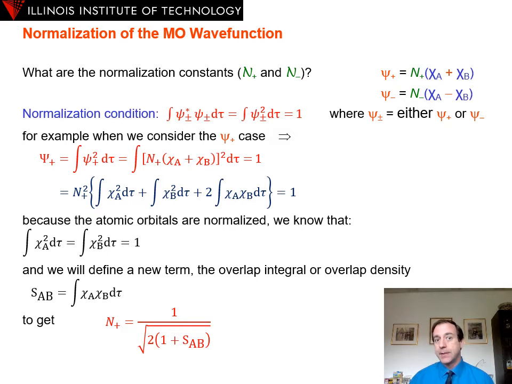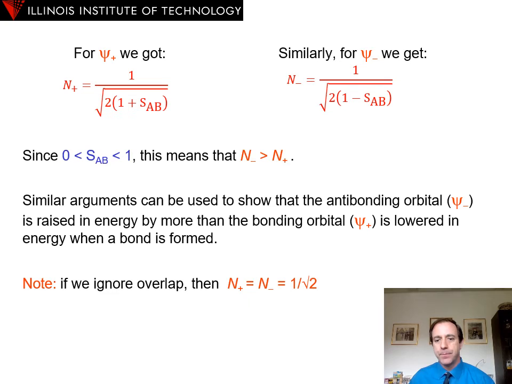That is the normalization constant, but only for the positive overlap, for the bonding orbital. All right, let's go on to the next slide and see what happens with antibonding.